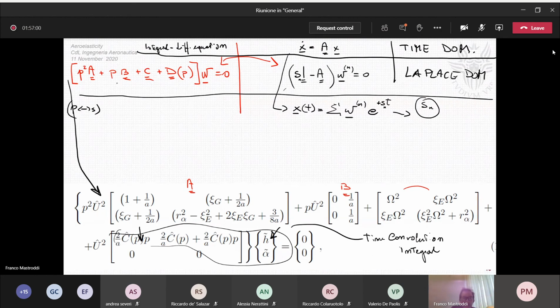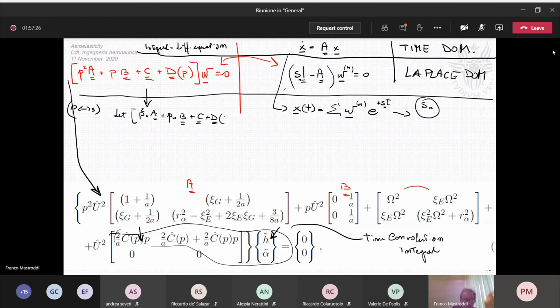But now here you should do something similar. You should evaluate this P or this S, which is the same, by taking the determinant of P squared A plus P B plus C, equal to 0.